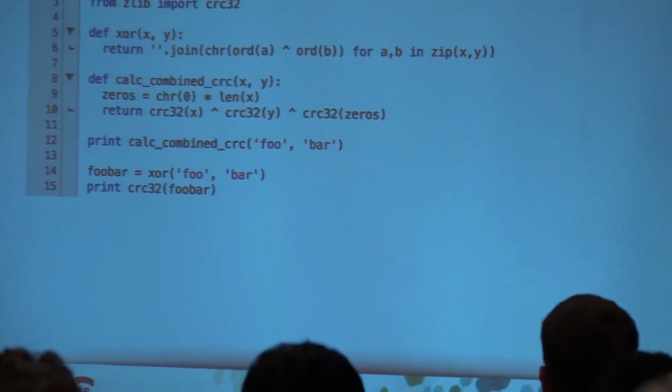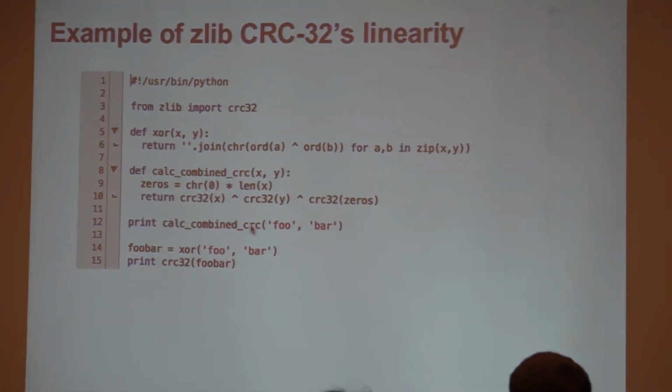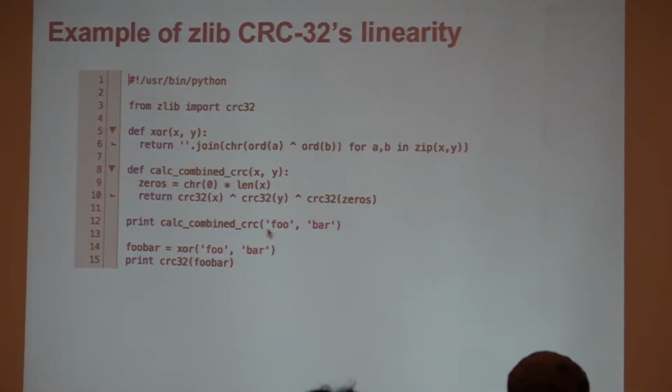Here we see a short Python program that demonstrates what I just showed. It first computes this combined CRC of two strings, foo and bar. This function first generates a string of zeros, which will be 3 null characters effectively.